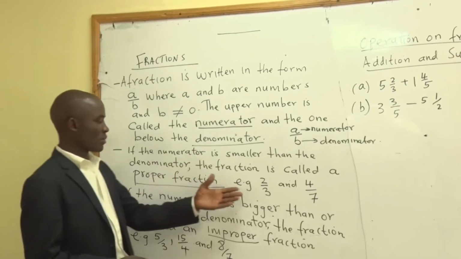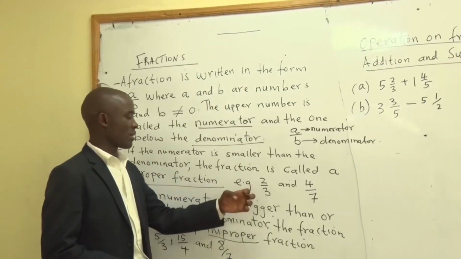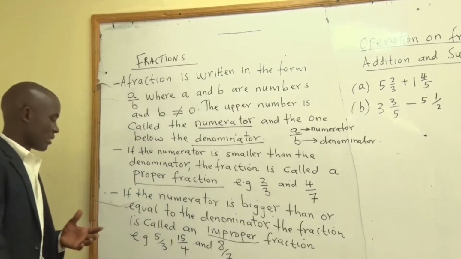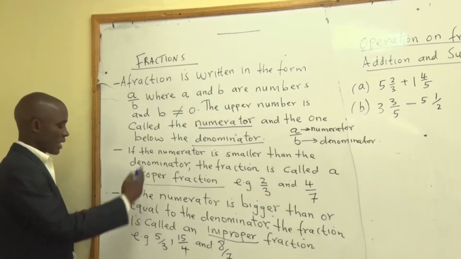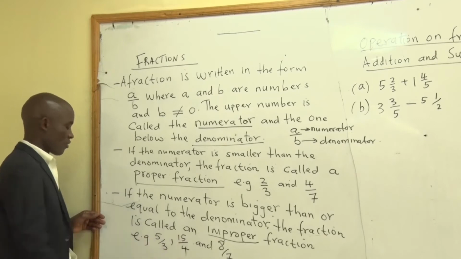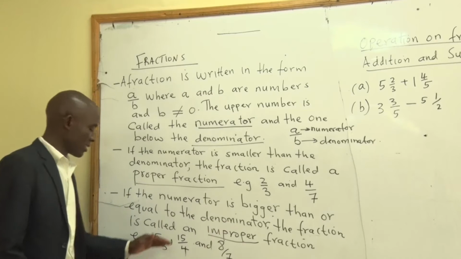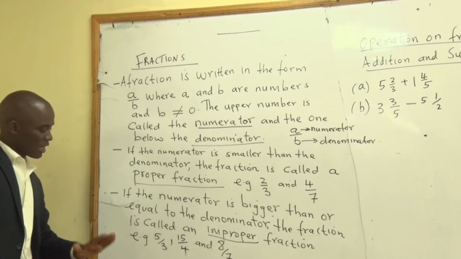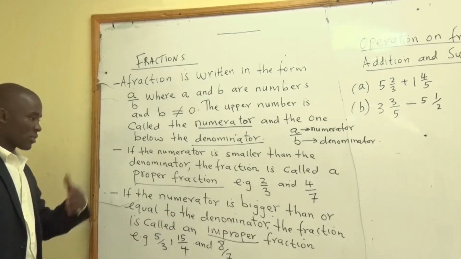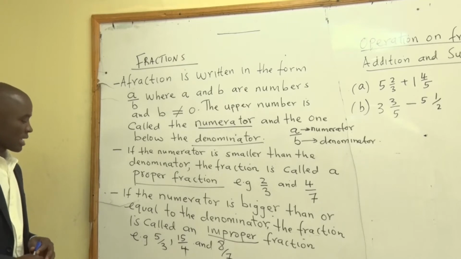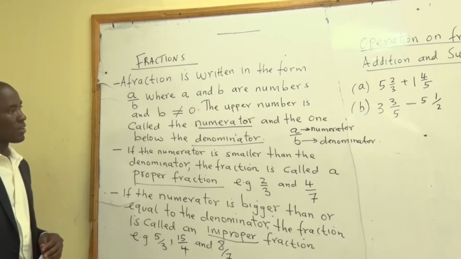These ones were proper because a smaller number can be carried by a bigger number. But when you have a bigger number carried by a smaller number, of course that is called an improper fraction. And these are the examples you can see. The numbers below are smaller compared to the numbers on the upper side. So those are the two cases of fractions.